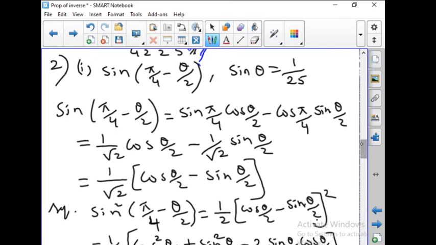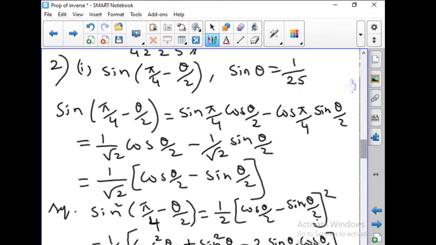Sin of pi by 4 minus theta by 2, and sin theta is given as 1 by 25. Now you know the sin A minus B formula: sin A minus B is equal to sin A cos B minus cos A sin B. So sin of pi by 4 minus theta by 2 is equal to sin pi by 4 cos theta by 2 minus cos pi by 4 sin theta by 2.